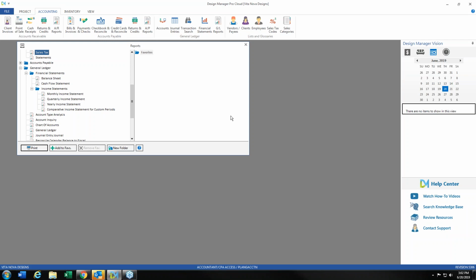Now, if we're talking about a bookkeeper, it depends on their role. If their role is just to go in and reconcile your credit cards and your checking account, then they might only be asking for bank statements and credit card statements.